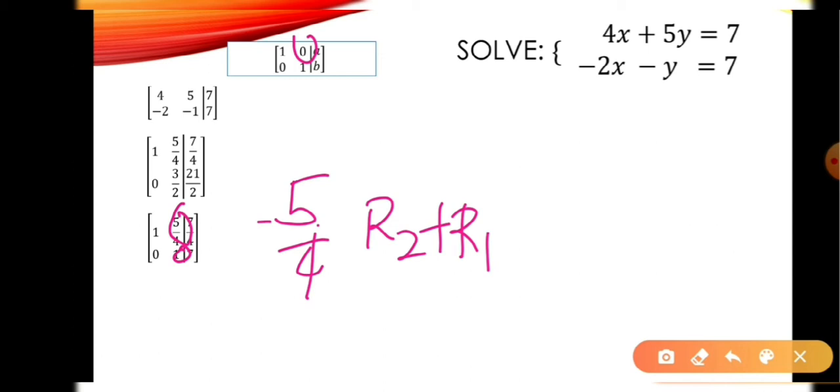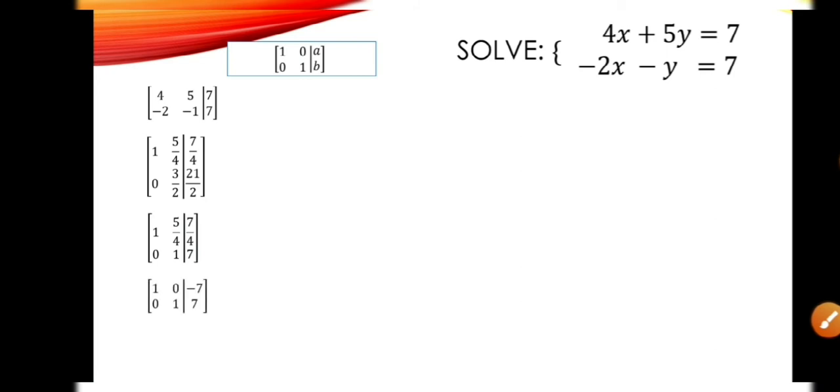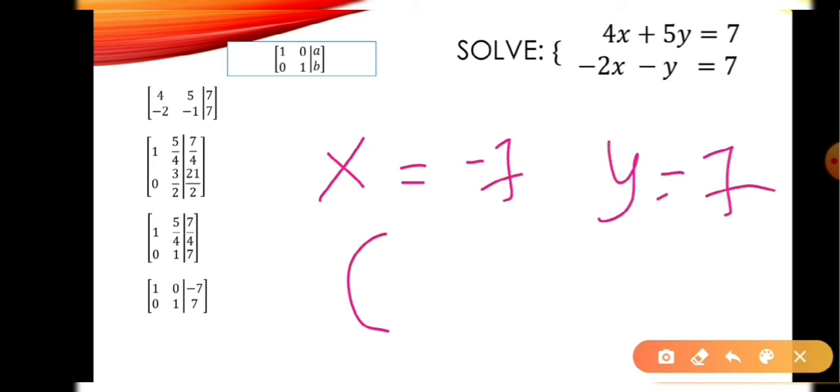Negative 5 over 4 times 1 plus 5 over 4 is 0. Then negative 5 over 4 times 7 plus 7 over 4 is negative 7. So we have x as negative 7 and y as 7. Therefore, we have this solution.